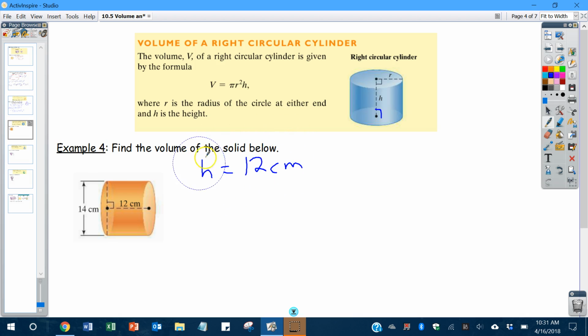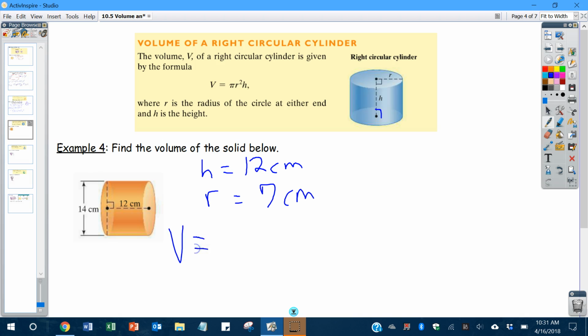And then the radius is going to be the radius of the base. Now we're given this length, which goes across the base and it goes through the center of the base. So we'll call that the diameter, which means the radius is going to be half the diameter, which is 7 centimeters.